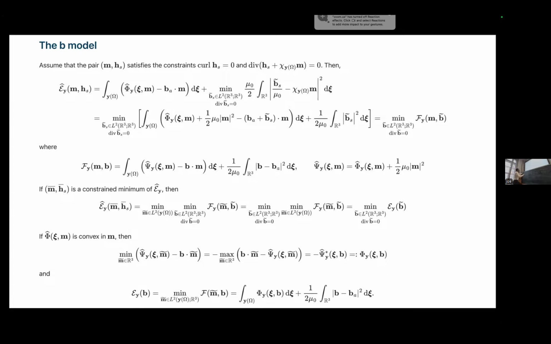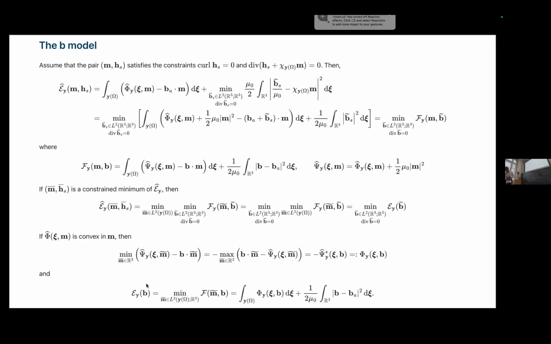So essentially, if we assume, for example, that the energy psi hat, the original one, is convex with respect to the magnetization energy, then finding the minimum, the optimal value of m, will give you minus the convex conjugate of this auxiliary energy psi, which is defined in this way.